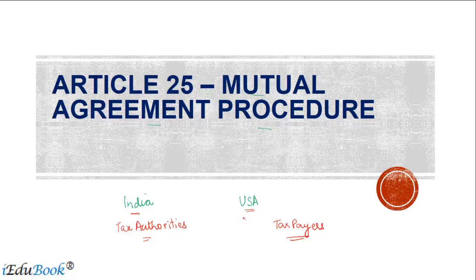In such a case, if there is a taxpayer who believes that the way he has been taxed in the other country, if he is taxed in his home country, let's say we are talking about a US taxpayer, if he is taxed in his home country adversely, he has domestic remedies available to him. Just like in India, if the tax department acts aggressively, you can file an appeal.